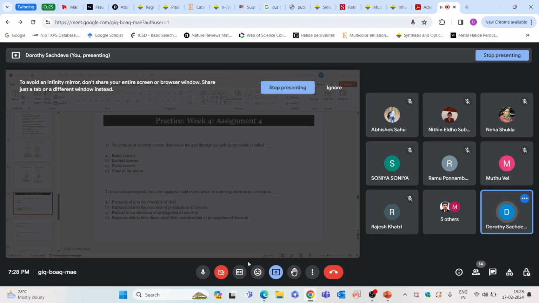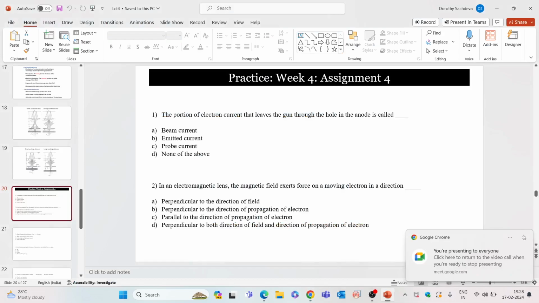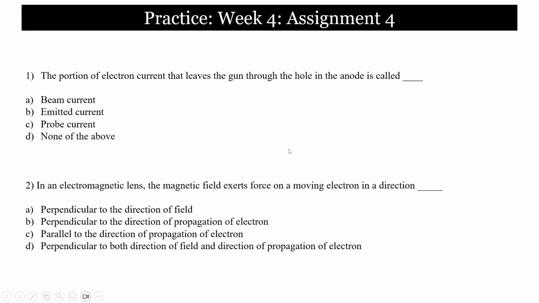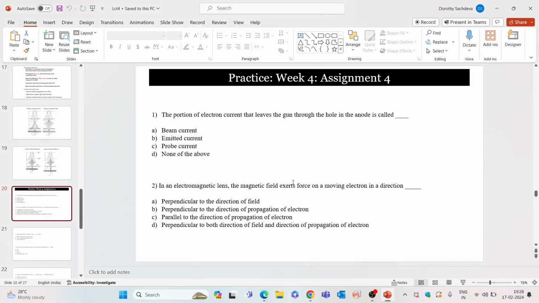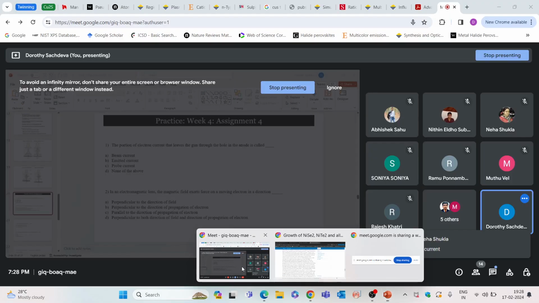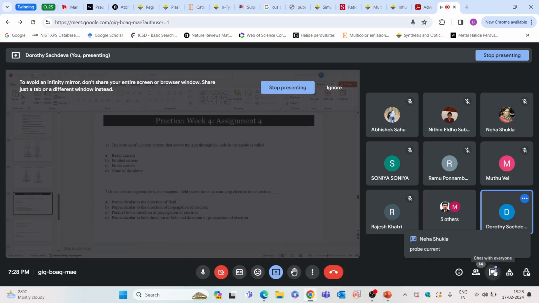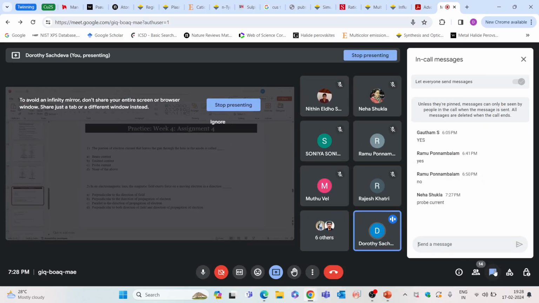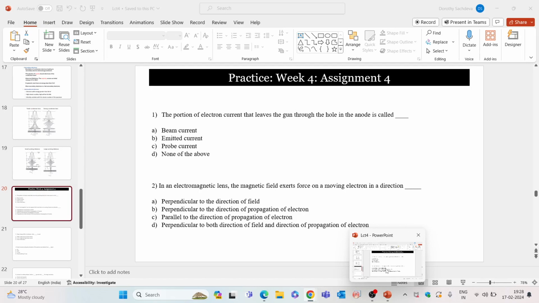The portion of electrons that leaves the gun through the hole in the anode.